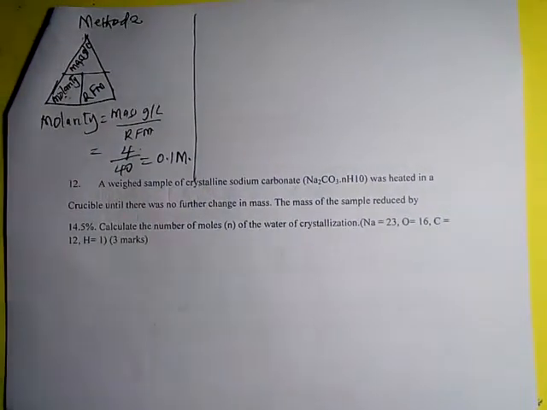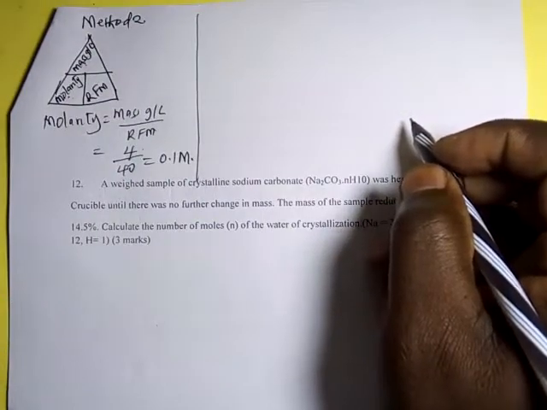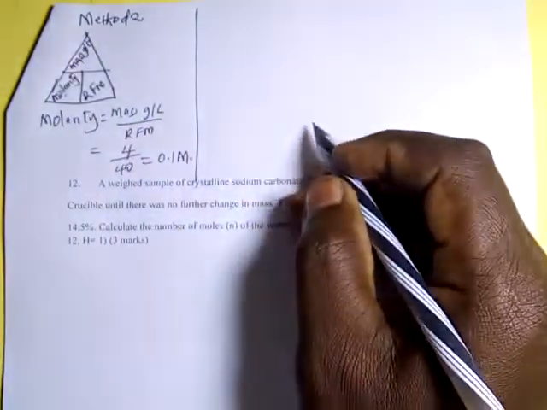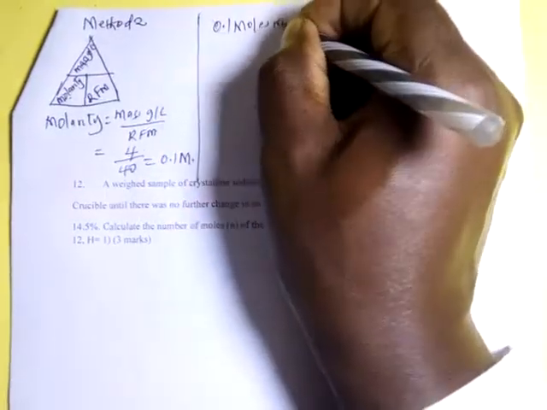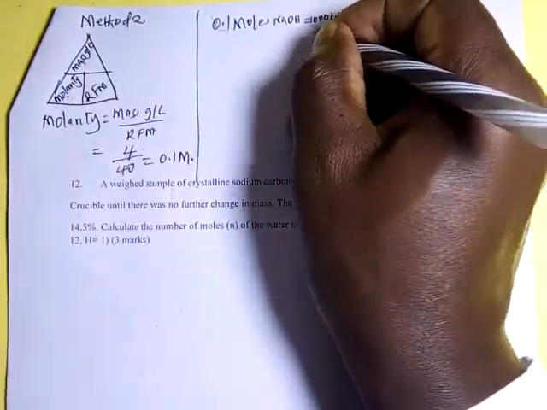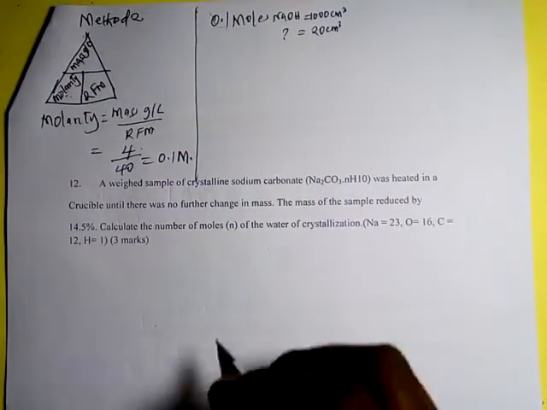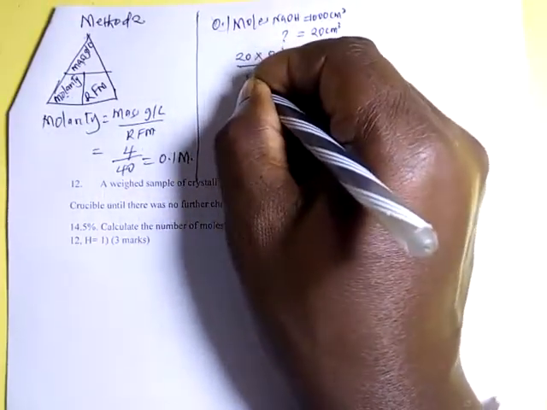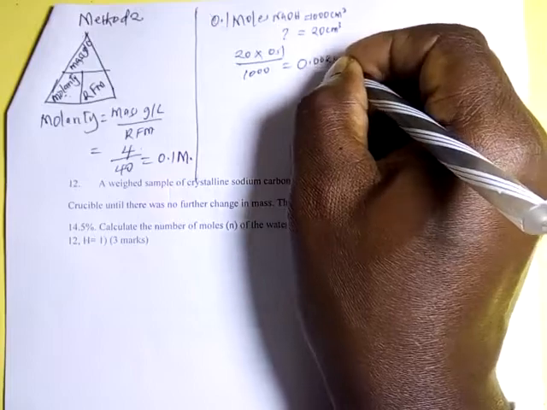Next, we can calculate the number of moles of sodium hydroxide that reacted with sulfuric acid. 0.1 is the number of moles of sodium hydroxide in a liter, 1,000 centimeters cube. We ask how many moles 20 centimeters cube will contain. That is 20 times 0.1 divided by 1,000, which gives 0.002 moles.